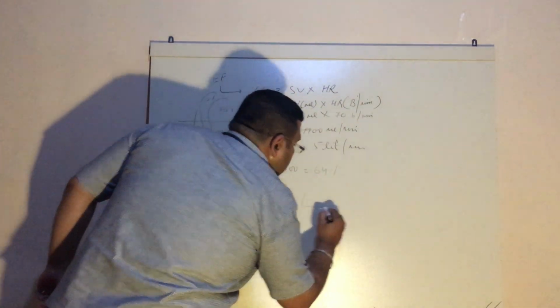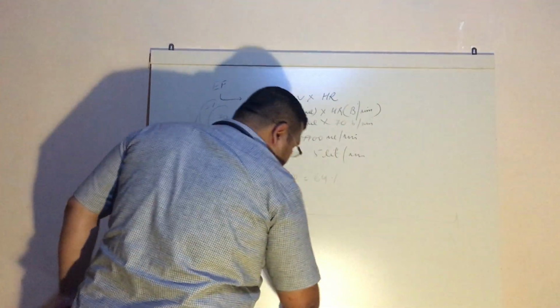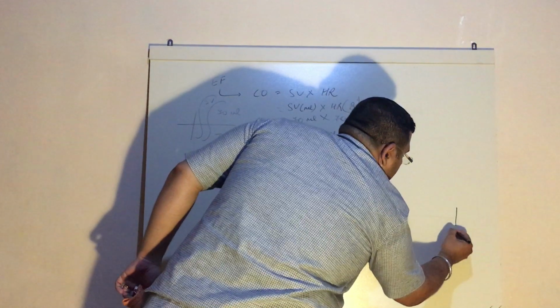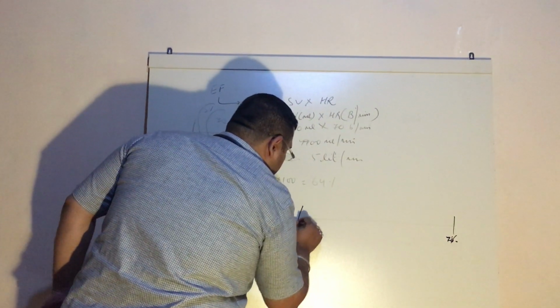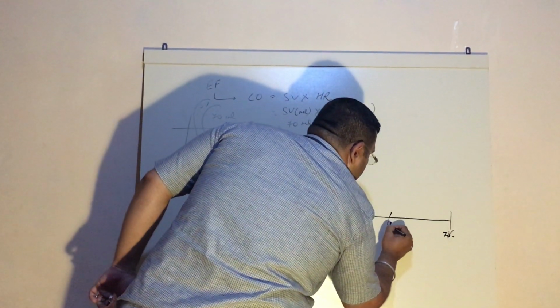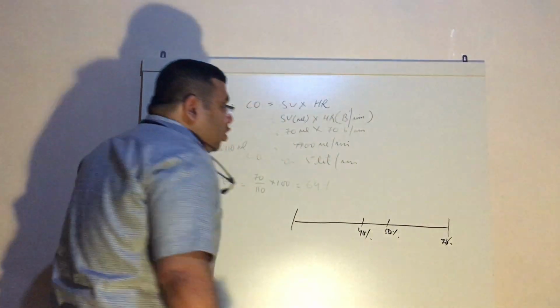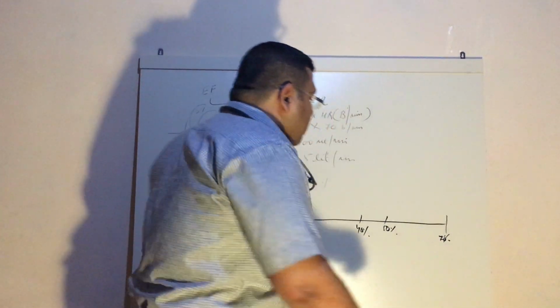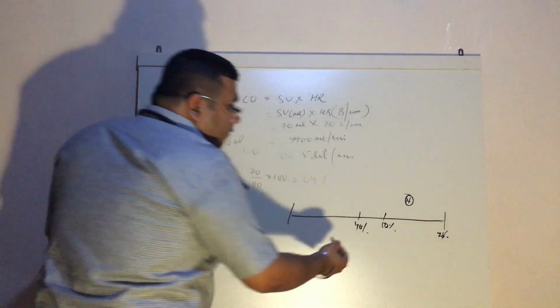Now I'll take you to a small scale where I have marked 70, this is about 50, and this is, let's say, 40. From 50 to 70%, this is the normal ejection fraction.